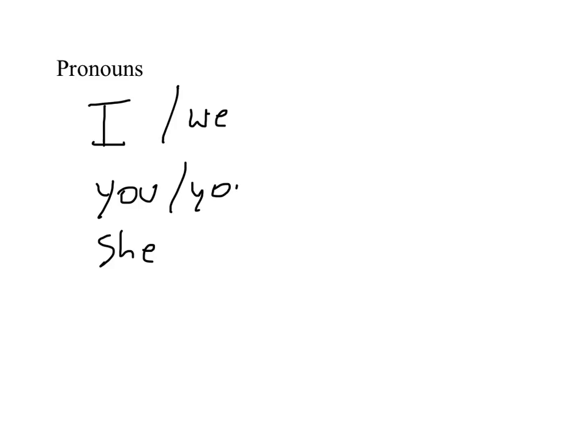Pronouns appear in first person, second person, third person, and they appear both in singular and plural. In addition to subject pronouns, we also have object pronouns, possessive pronouns, and so forth.